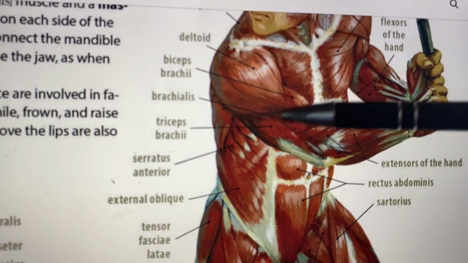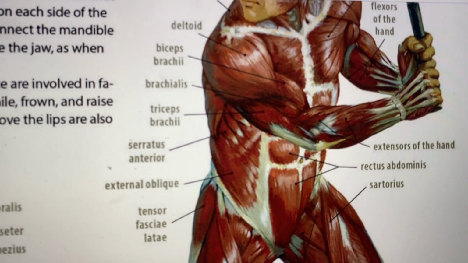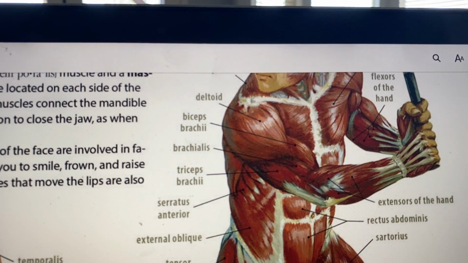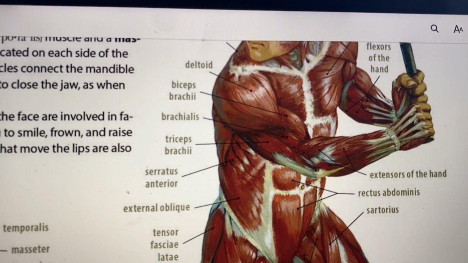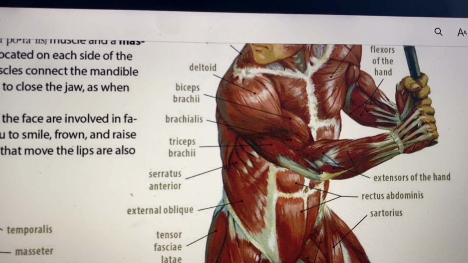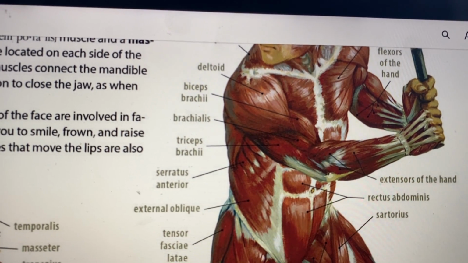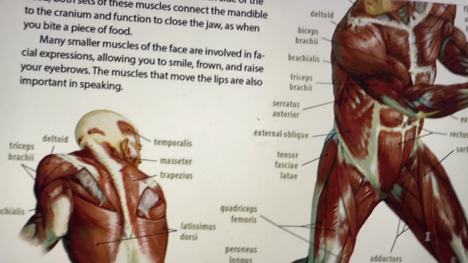Biceps and triceps kind of act together opposite right there on your arm. The biceps are the front of each arm and your forearms, and it bends your forearms. The triceps are the back of your arms, a kind of weaker muscle that extends your arms straight. Okay, so those are your arms. Now let's look at your hands.